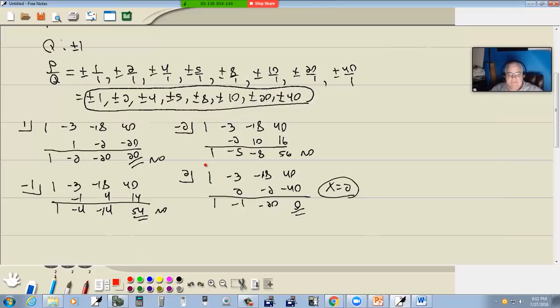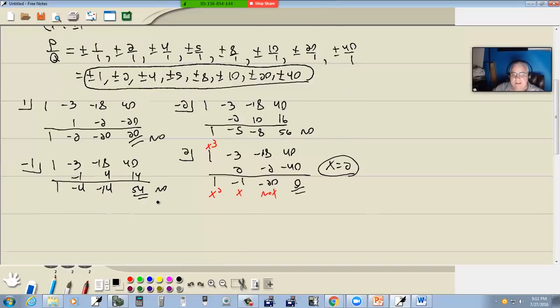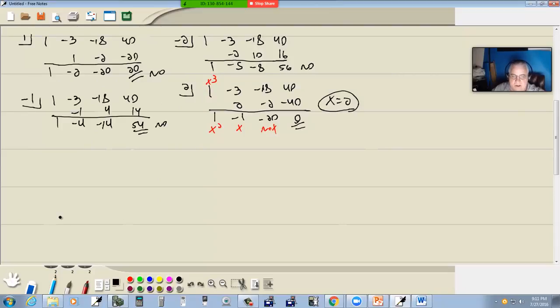This was x to the third. We're now down to x squared, and this is x, and this is no x. And that's our goal. If you're doing it by hand, get it down to the x squared level, and then you can use some kind of technique to solve it. So we got x squared minus x minus 20 equal to 0. This factors using the PSD.